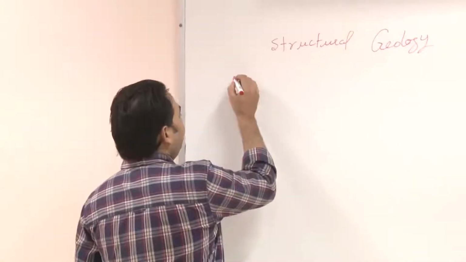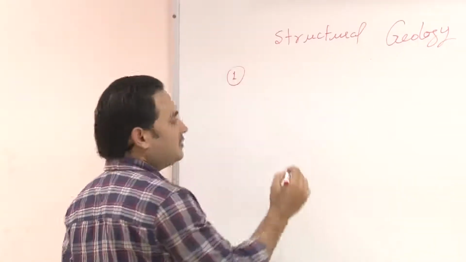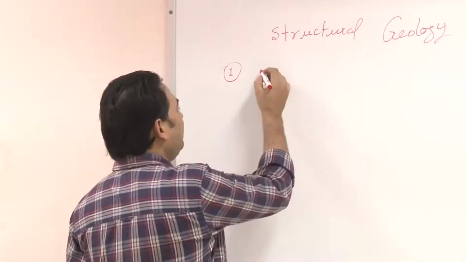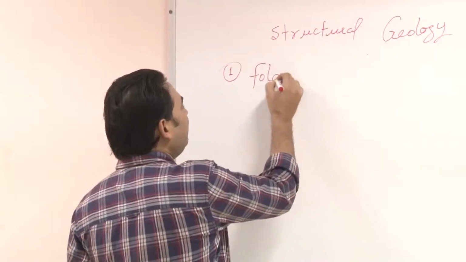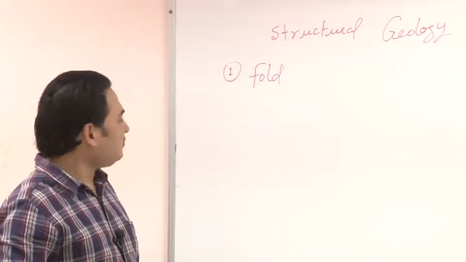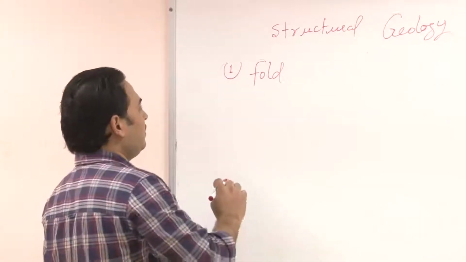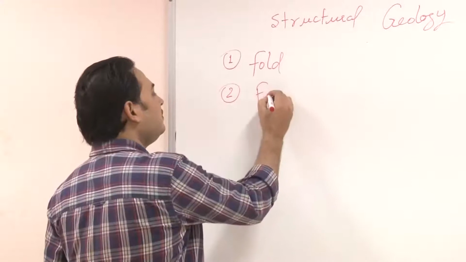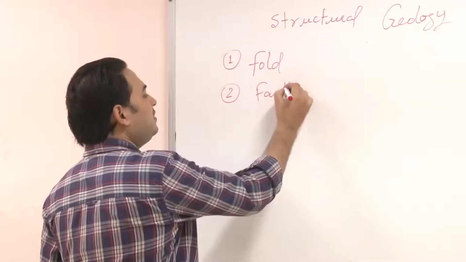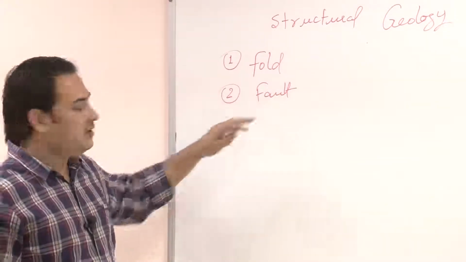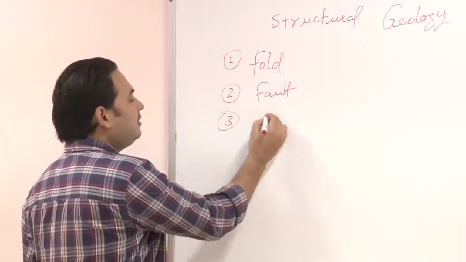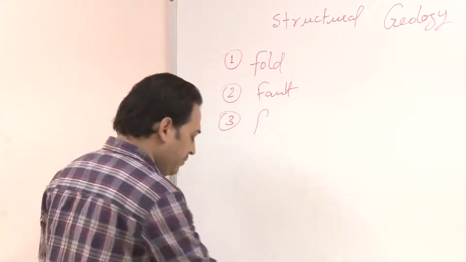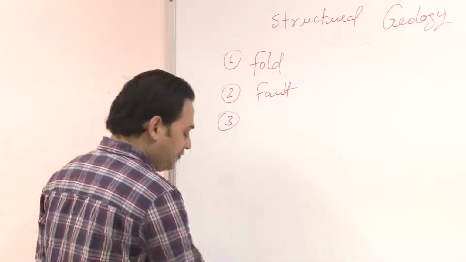Number one, suppose the strata has been folded, so it will develop a fold. Number two, if it is faulted, the structure is known as a fault. Third, there may be development of joints.